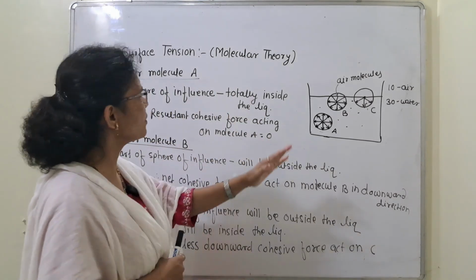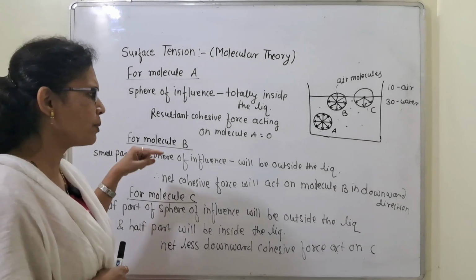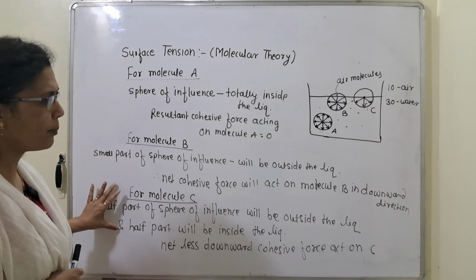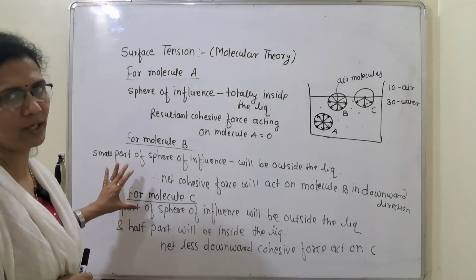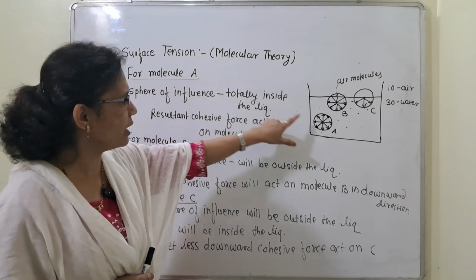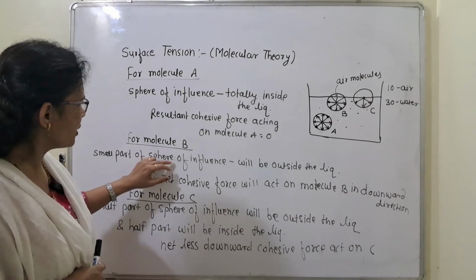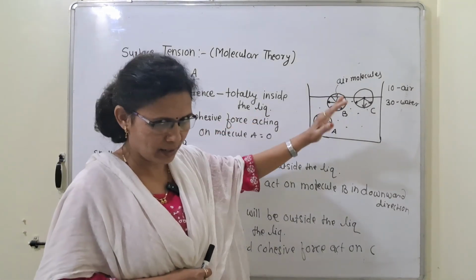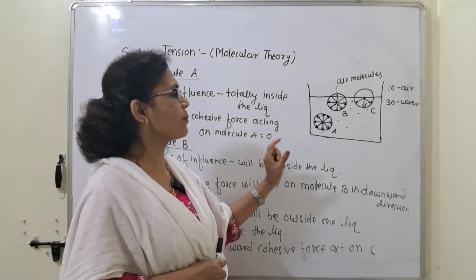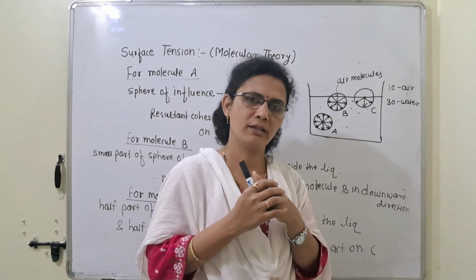So this is the explanation for molecular theory. When you are writing the explanation, you have to mention these things prominently. That is, for molecule A, whole sphere of influence of molecule A is totally inside the liquid, small part of sphere of influence of B is outside the liquid, and half part of sphere of influence of C is inside the liquid and half part outside the liquid.